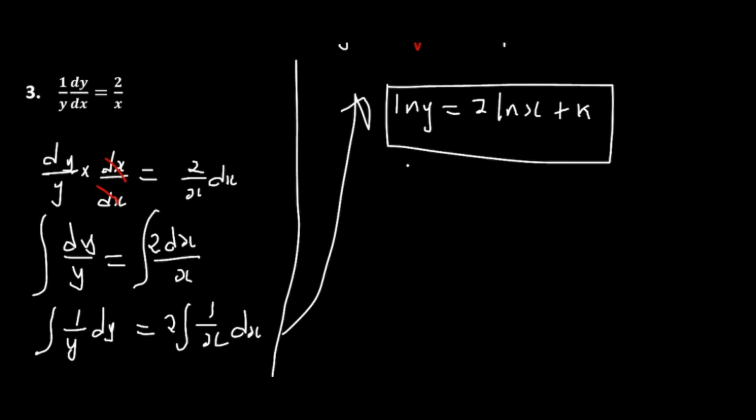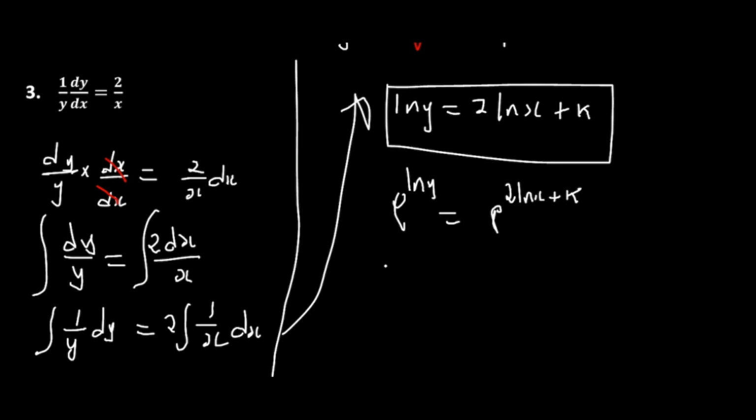But since we want our solution to be in the form y equals f of x, we're going to take the anti-logarithm on both sides. So here we have e raised to the power ln y, which equals e raised to the power 2 ln x plus k.